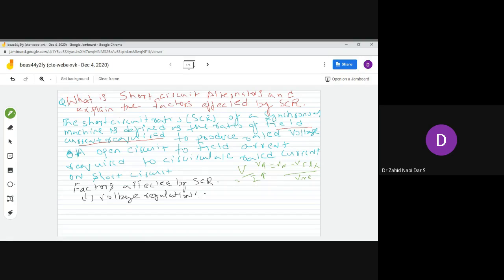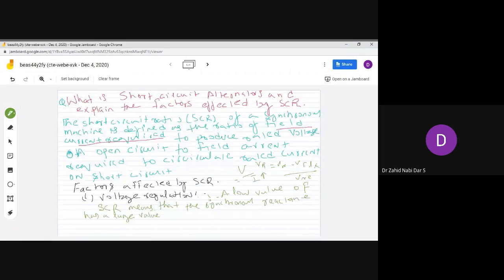So a low value of SCR means that the synchronous reactance has a large value.